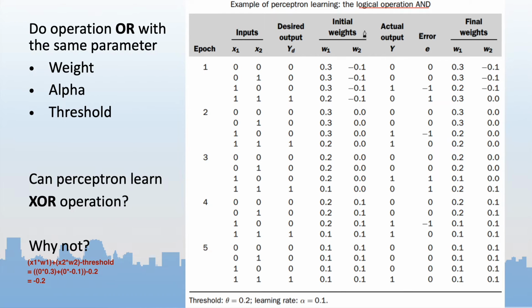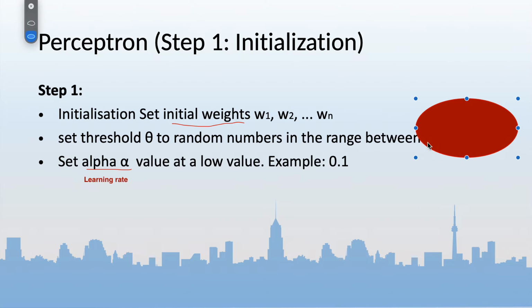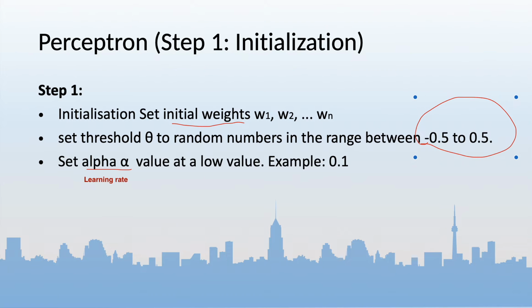So these are the initial weights, called w1 and w2. As I explained just now, for weights, we will initialize a random value between negative 0.5 and 0.5. If you look at this side, the threshold and the weight values we randomly set in the range between negative 0.5 and 0.5.